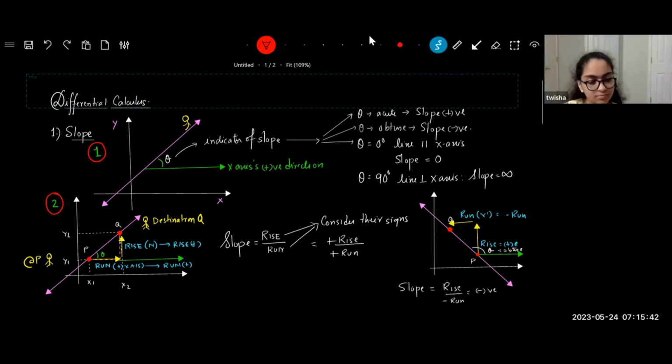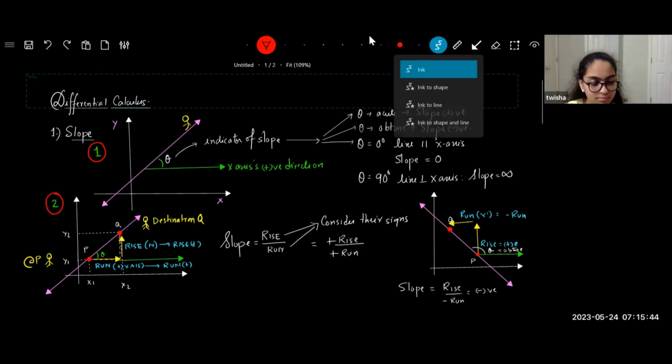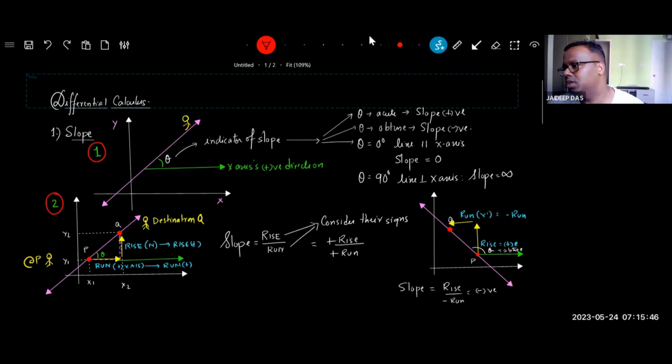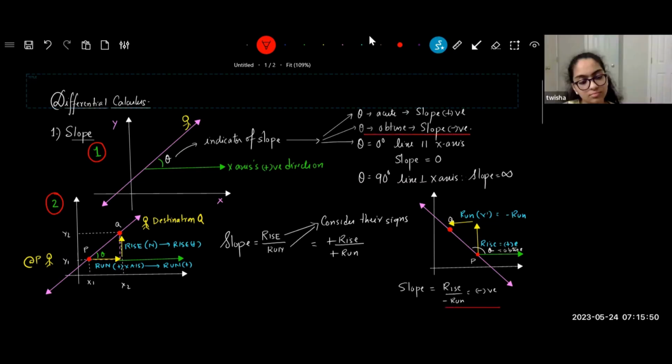Do you agree? Yes. Theta is obtuse, so it should be negative, and we got negative. That concludes our first part of discussion, how to interpret slope and what is the generic formula for slope, which actually brings us to a writing break and a banana break for 1 minute.